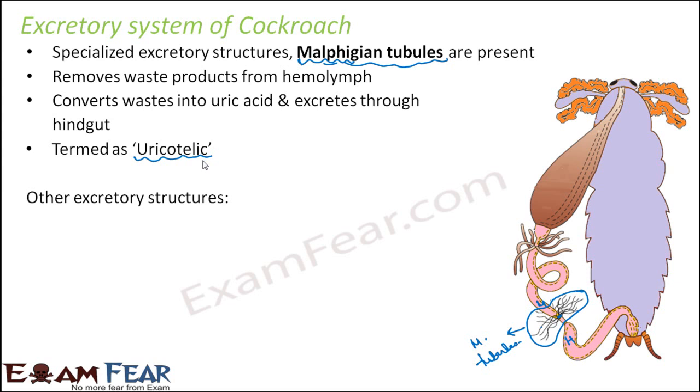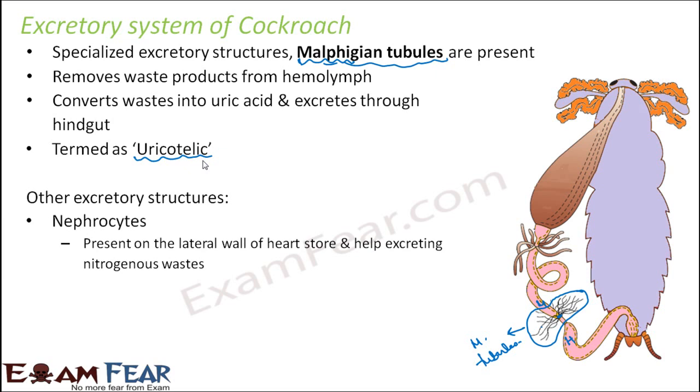Now, other than the Malpighian tubules, which are highly specialized excretory organs, the cockroach can also excrete through other organs like the nephrocytes. These are present on the lateral wall of the heart, store and help in excreting nitrogenous wastes. So where are they present? In the heart. So these are also other excretory structures. Uricose glands, as I said, help to synthesize uric acid.